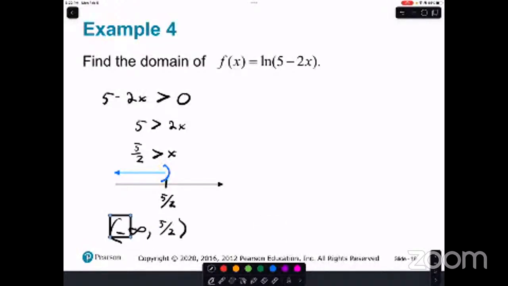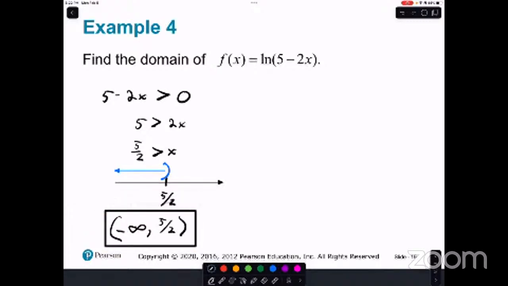If there were a bar, the 5 halves would get a square bracket. A parenthesis means we get really, really close to that number but we don't include it. A square bracket means we get really close to that number, and we also include that number.